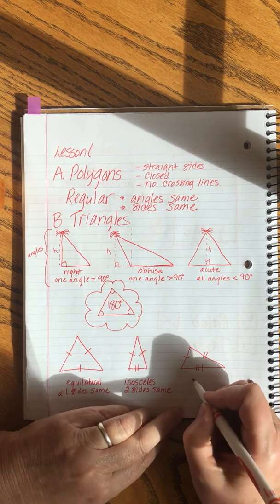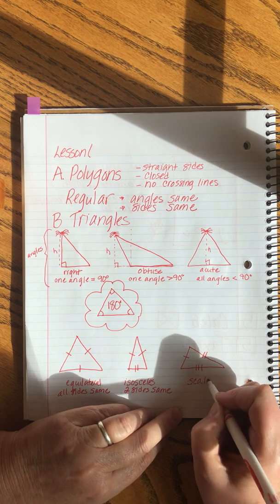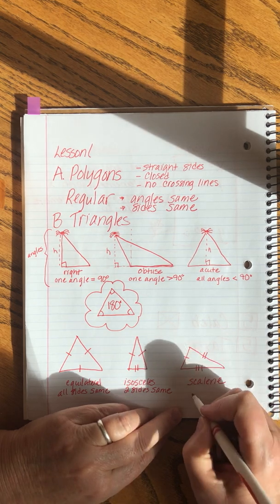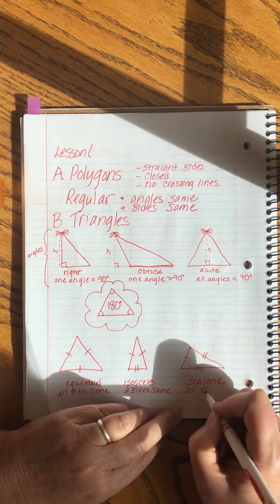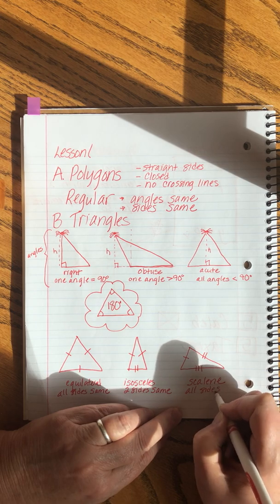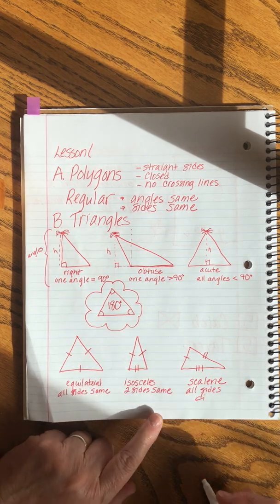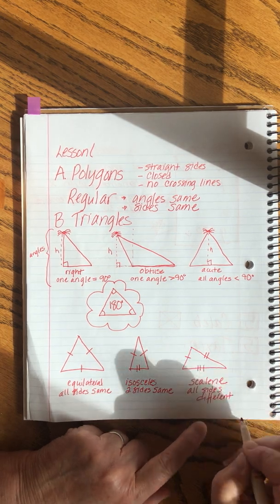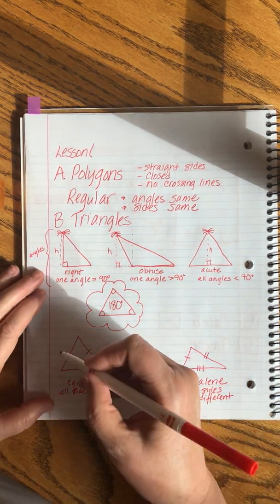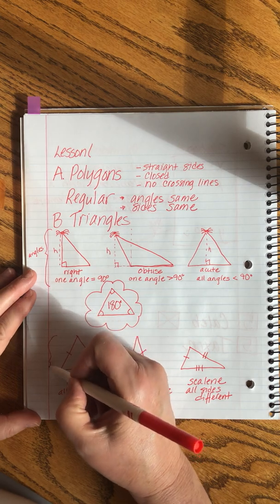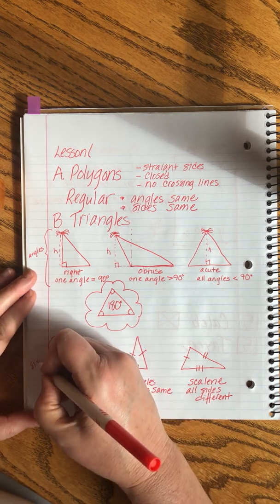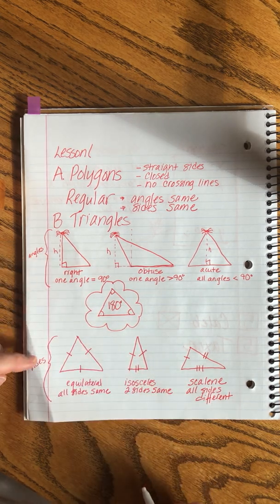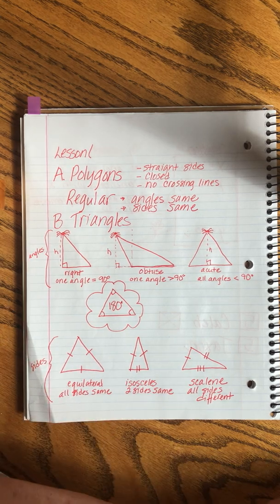This is called scalene, and all sides are different, which is another way of saying no side's the same. So we can classify the triangles in terms of their sides as well as their angles, right? 2 different ways to classify.